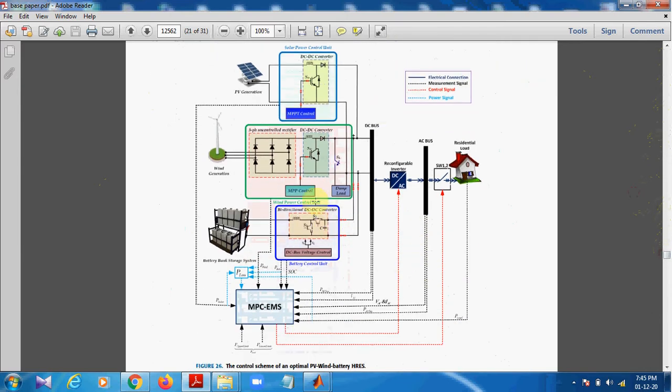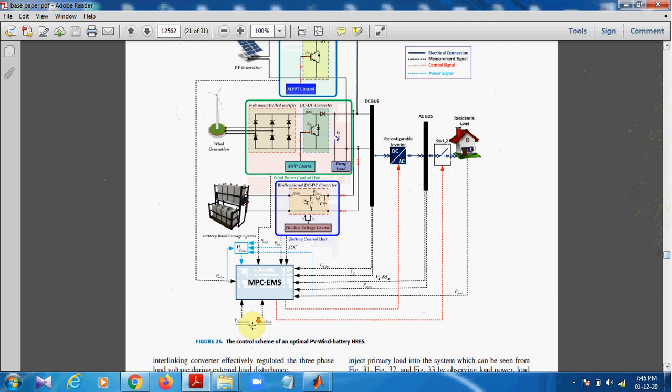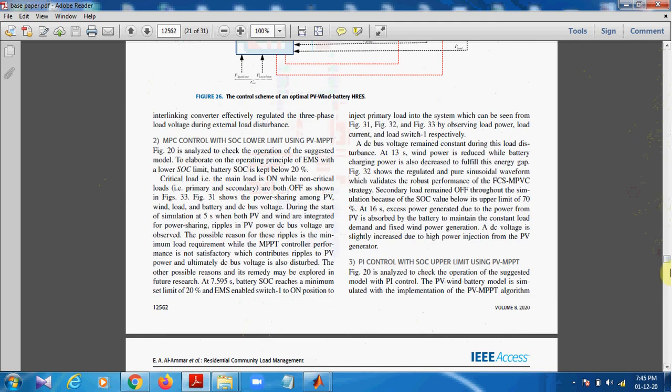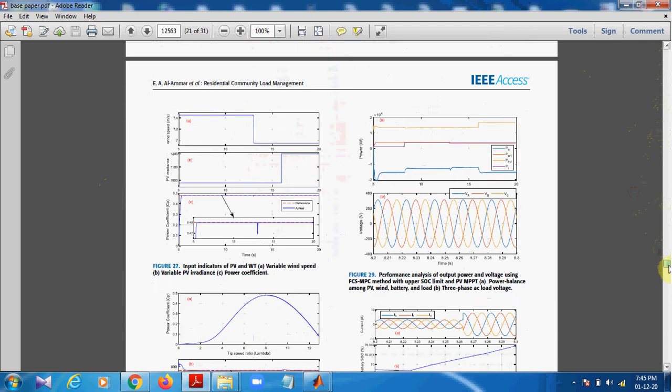This is a more elaborated structure where the PV generation unit, wind generation unit, and battery storage unit are connected to the DC bus, and all these are monitored by the MPC EMS, that is the MPC controller, which is giving the control signal to the inverter and switch that is attached to the residential load after the AC bus. So this is how the circuit is maintained.